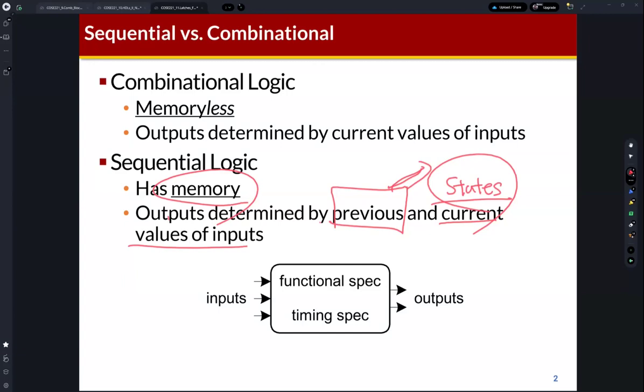But sequential logic has memory, which means it has states. Output values are determined by the current input and this state, the previous input. Because the input determines the state, it is written as the output determined by previous and current values, but it means the state of this system.